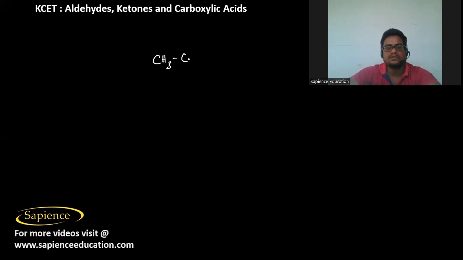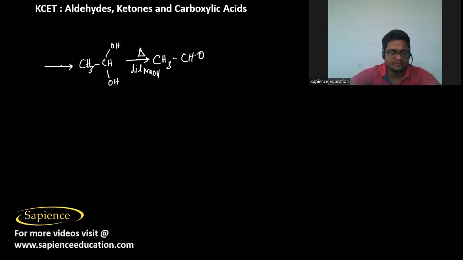Therefore, if CH3CHO is formed on heating in the presence of dilute NaOH, it should be formed from geminal diols, which is CH3CH(OH)OH, and which will be formed from the alkaline hydrolysis of geminal dihalide. So it should be CH3CHXX.